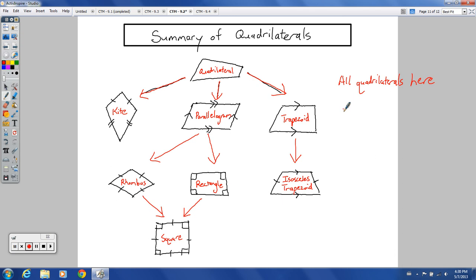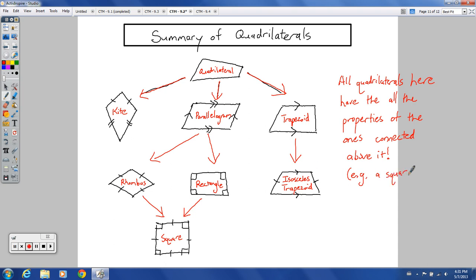So all quadrilaterals here have all the properties of the ones connected above it. And for example, we talked about a square. Let's refer back to that.